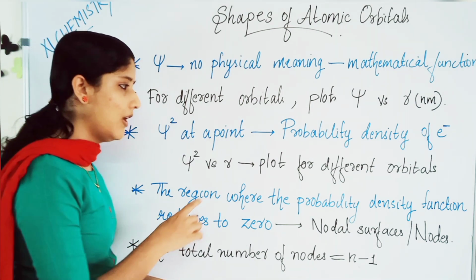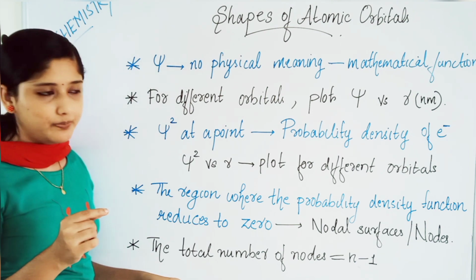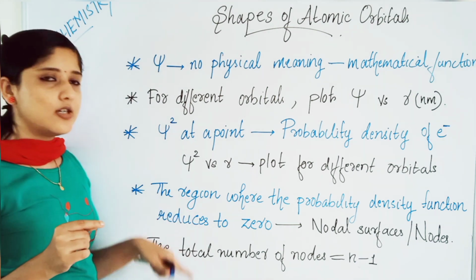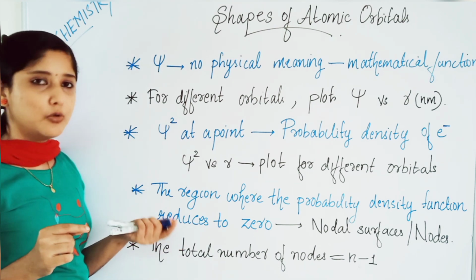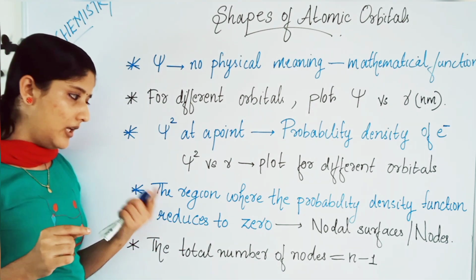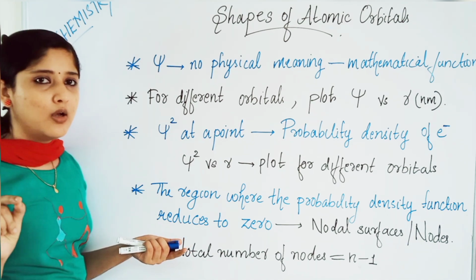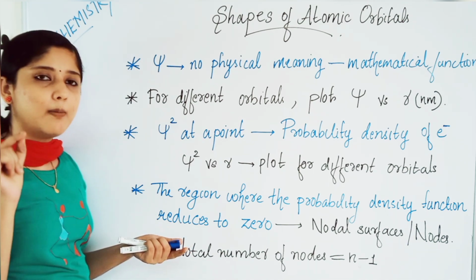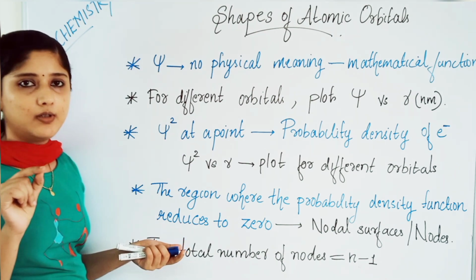The region where the probability density function reduces to 0 is called nodal surfaces or nodes. The total number of nodes is given by the equation n minus 1, where n is the principal quantum number. Total number of nodes inside an orbital is n minus 1.